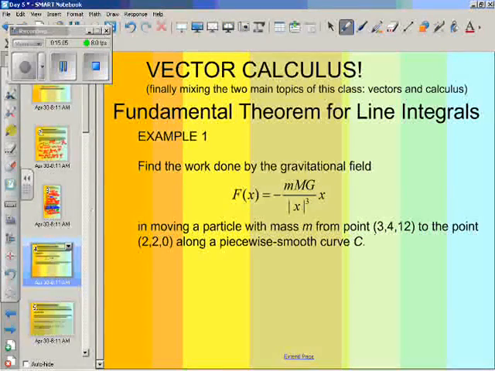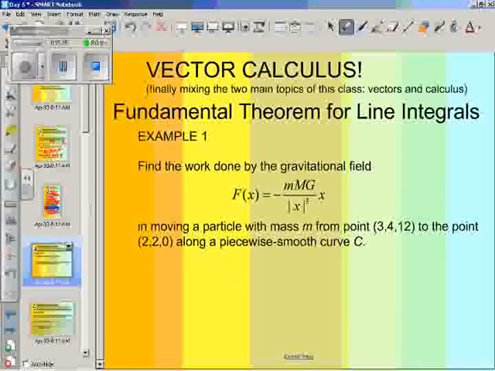And I think we already looked at finding this function f, and it's going to work out to be the little mass times the big mass times that gravitational constant over the magnitude of x.